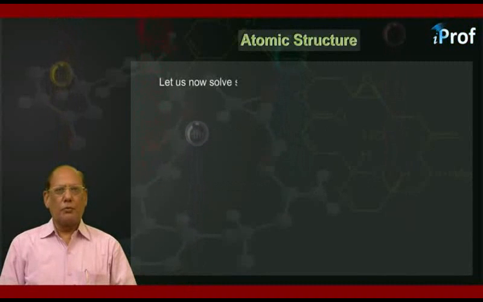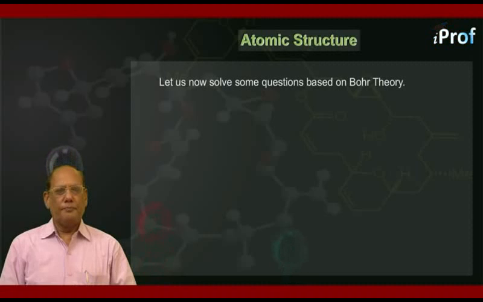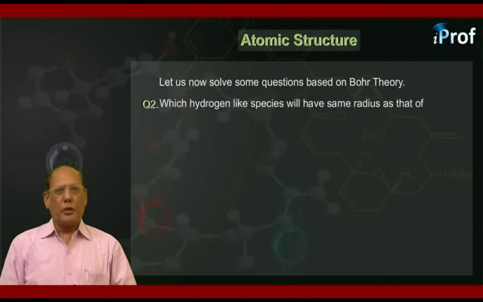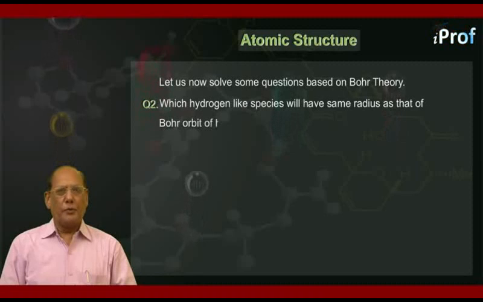Let us now solve some questions based on Bohr theory. Here is question number 1. Which hydrogen-like species will have same radius as that of Bohr orbit of hydrogen atom?